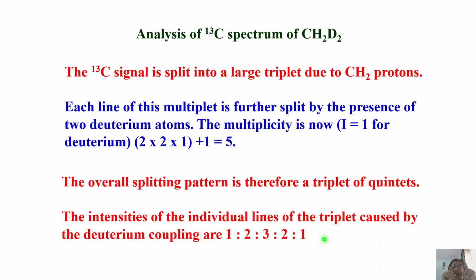So you will get 15 lines for carbon 13. One group of lines, and then another one. But remember, the central group has double the intensity because carbon 13 is split into a 1:2:1 triplet by proton. The pattern remains the same, but each line of this triplet is further split into 5 lines. That's all. So totally you are going to get 15 lines for this carbon 13 spectrum.